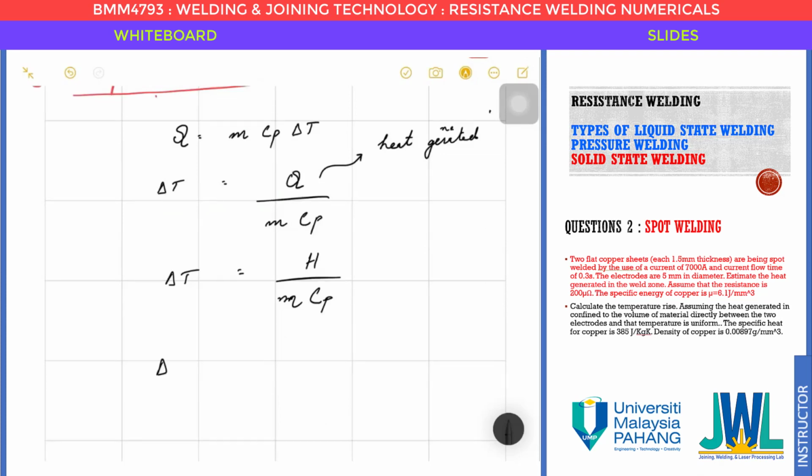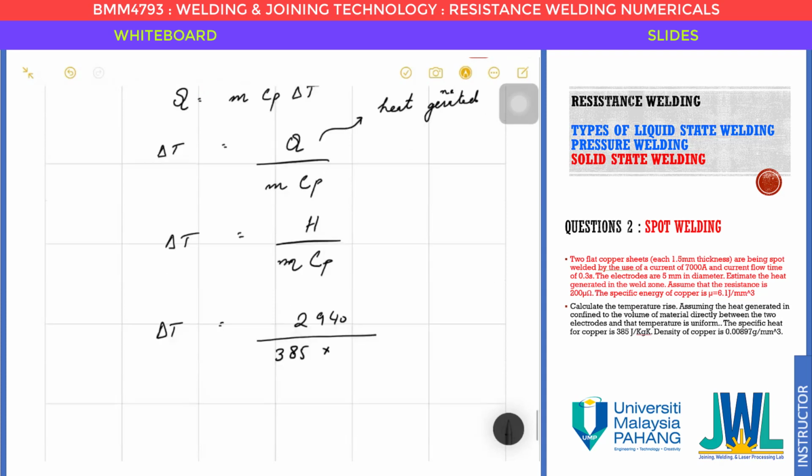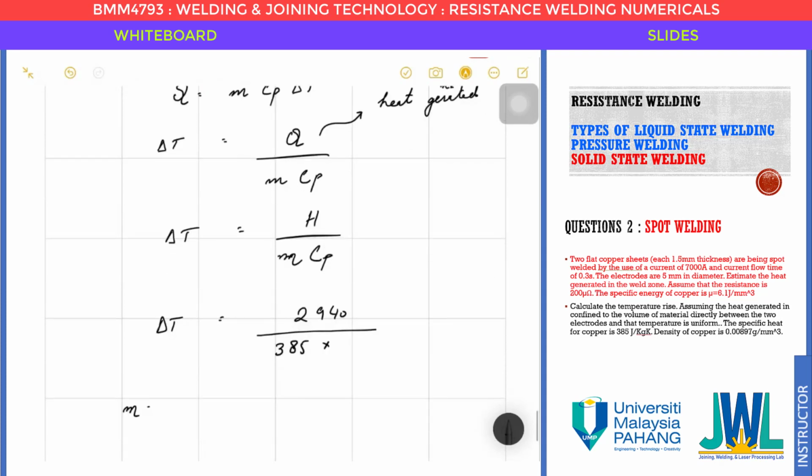So delta T is equal to 2940 divided by Cp, which is 385 joules per kilogram Kelvin, multiplied by the mass. So what is mass? Mass is equal to density multiplied by volume.